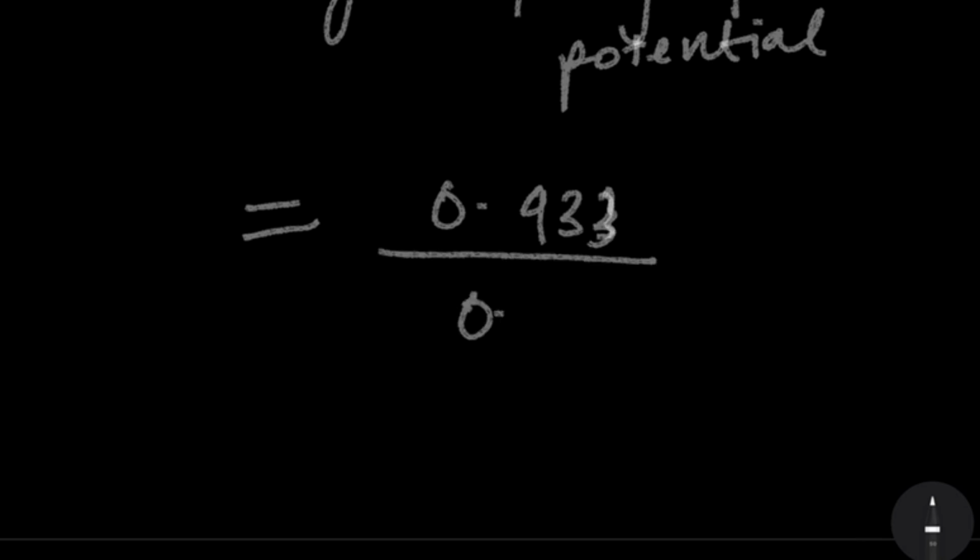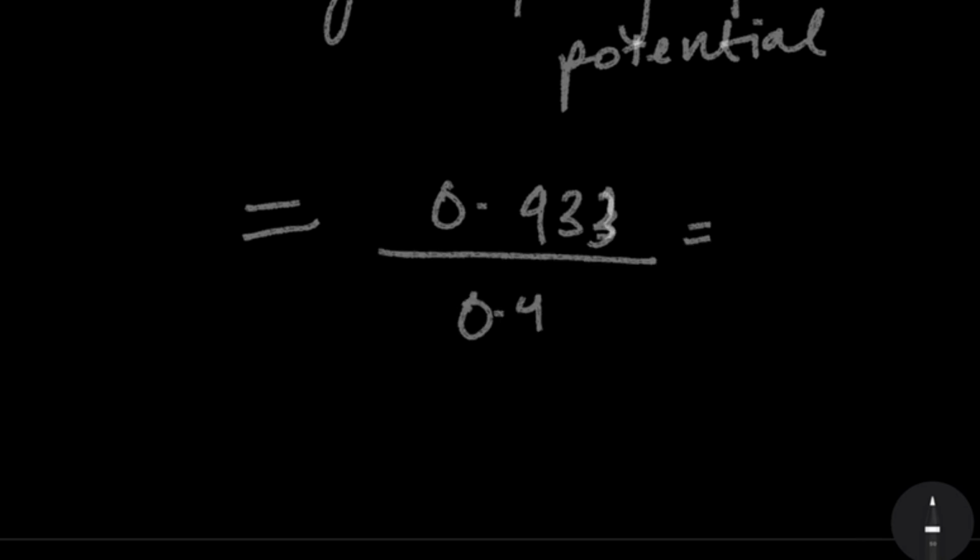By calculation, m equals the average response amplitude upon the average amplitude of a spontaneous potential, which is 0.0933 millivolt upon 0.04 millivolt, which comes out to be 2.33.